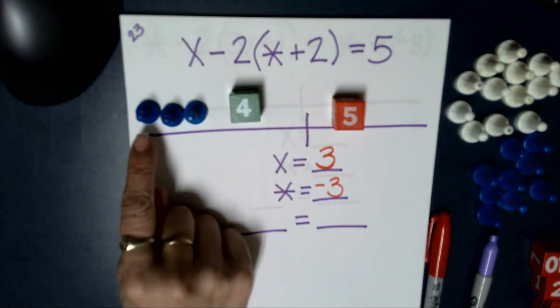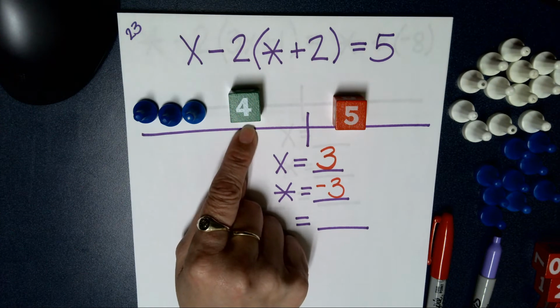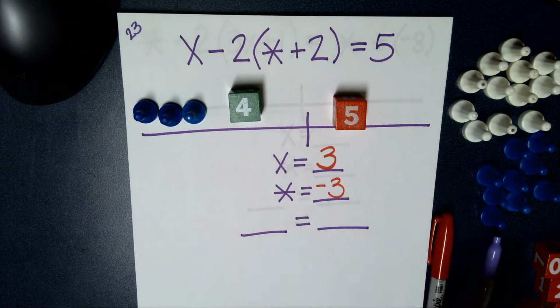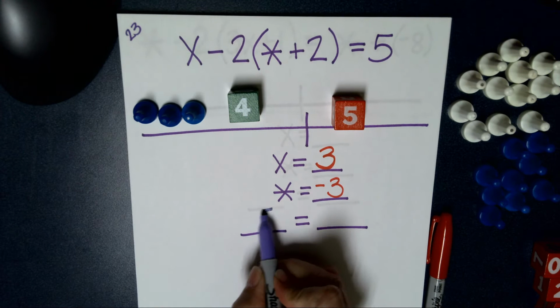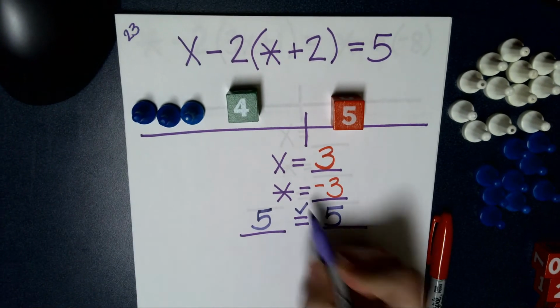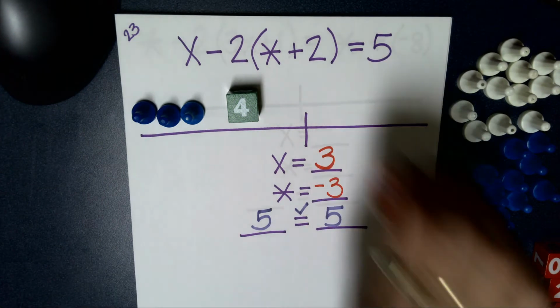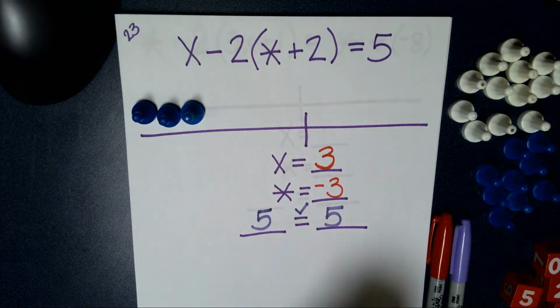So if we count 3, 6, 9, and 9 minus 4 is 5, and 5 equals 5. That's a check. Let's clear our board and work another problem.